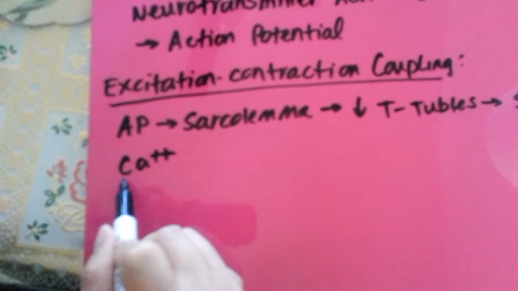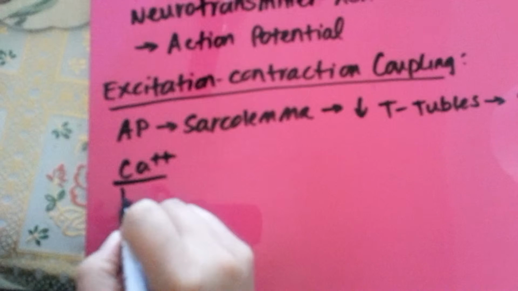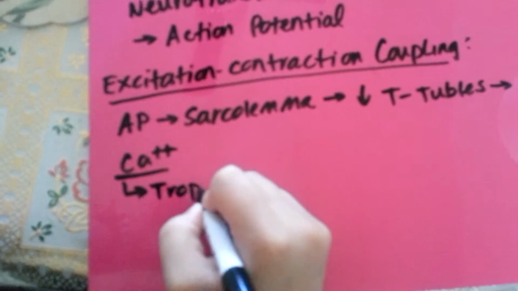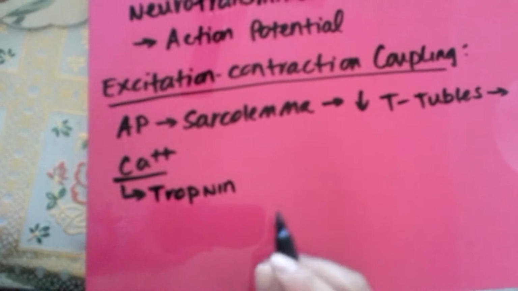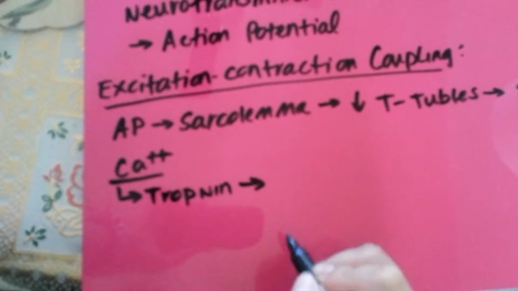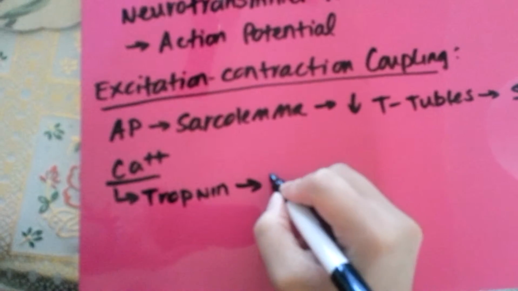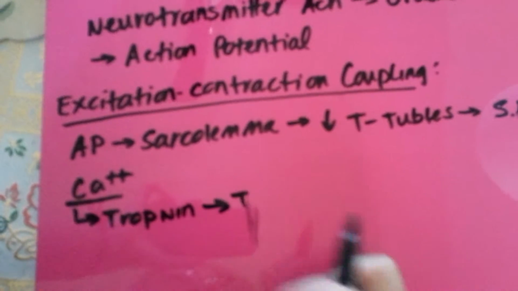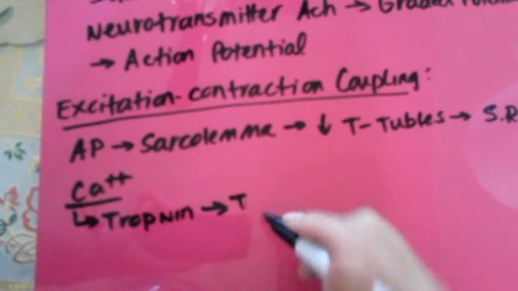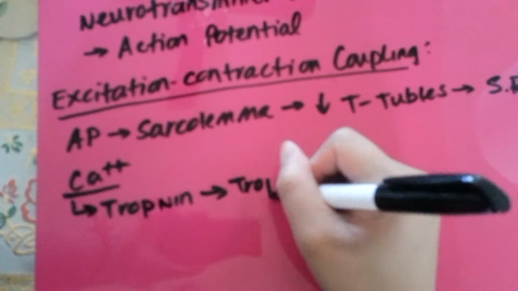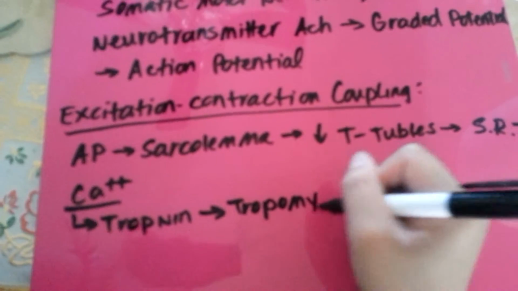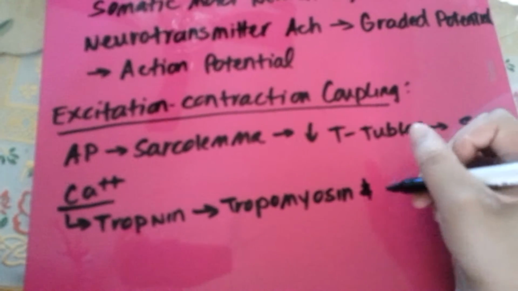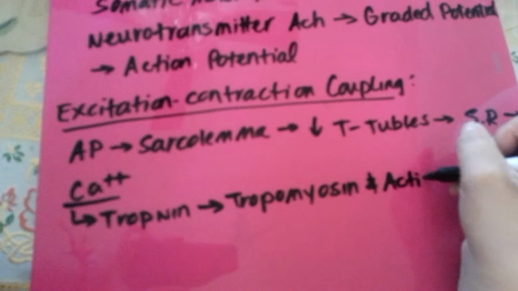And this calcium goes on to bind with troponin, which breaks up the binding of tropomyosin and actin.